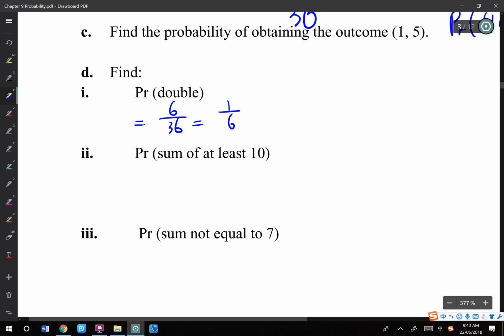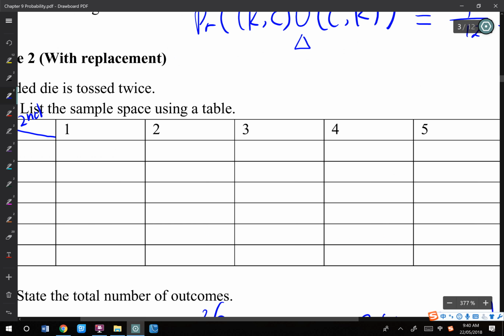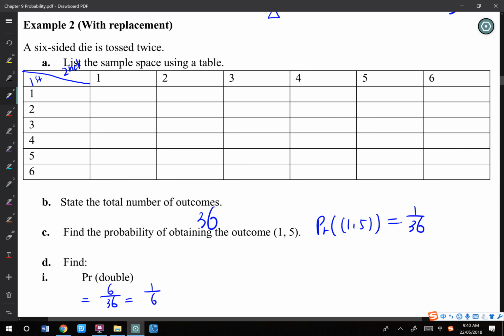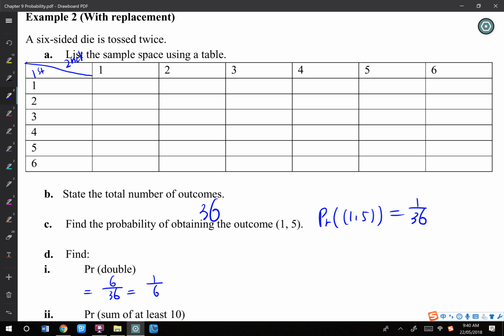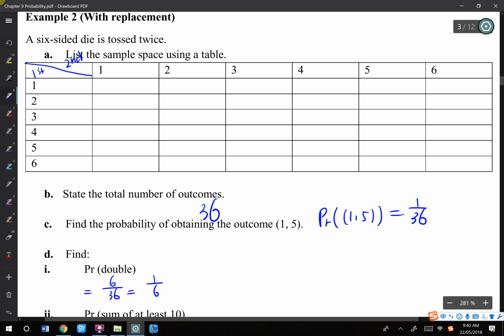Next one, the sum at least 10. If you can see the table, think about the sum. If I get a 2 the first time, is it possible to get a 10? What is the minimum number I should get in my first try? 4. So the first one I must get a 4 to give me a 6, and that will give me a 10.